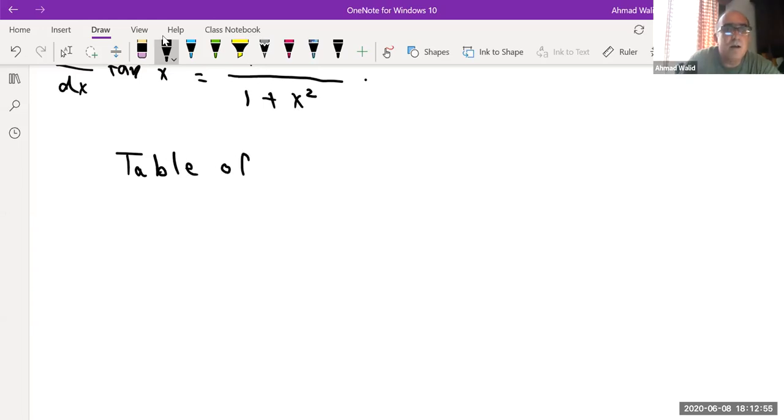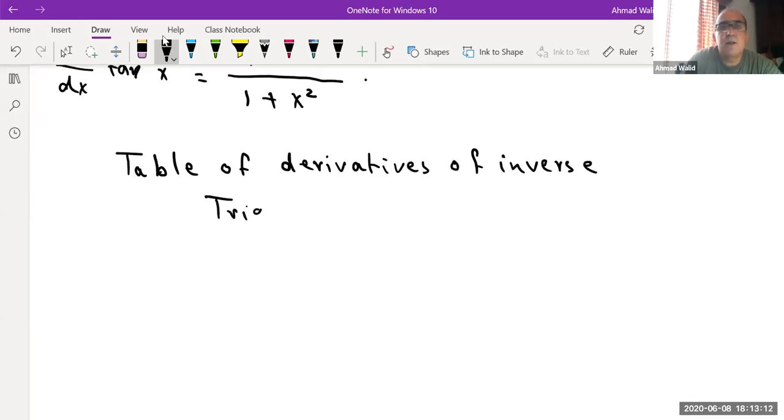Table of derivatives of inverse trigonometric functions.